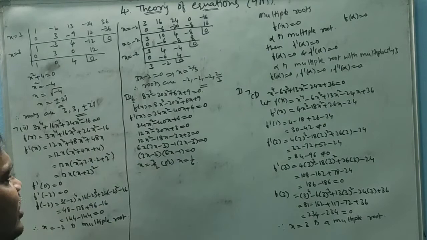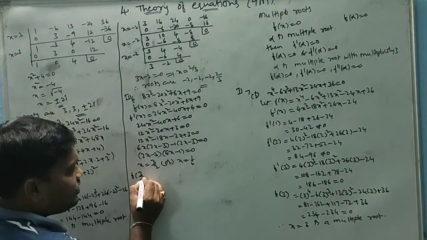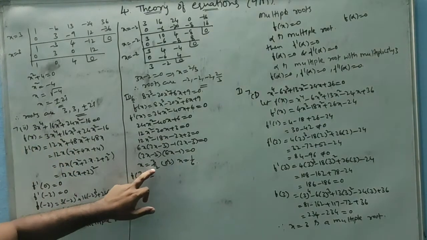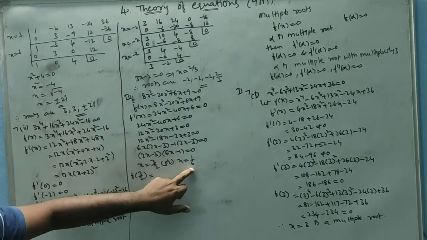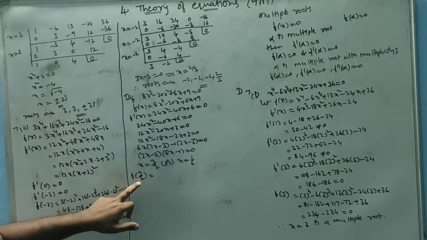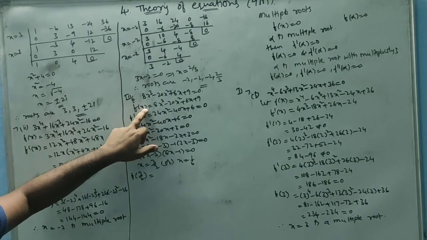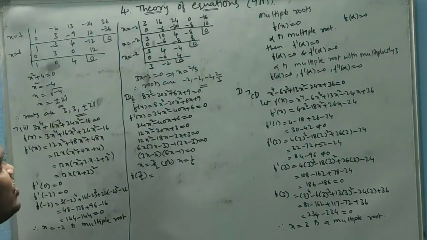So I want to check f(3/2). Already 3/2 satisfies this equation, and 1/6 also satisfies it. If 3/2 satisfies f(x), then 3/2 is the multiple root.